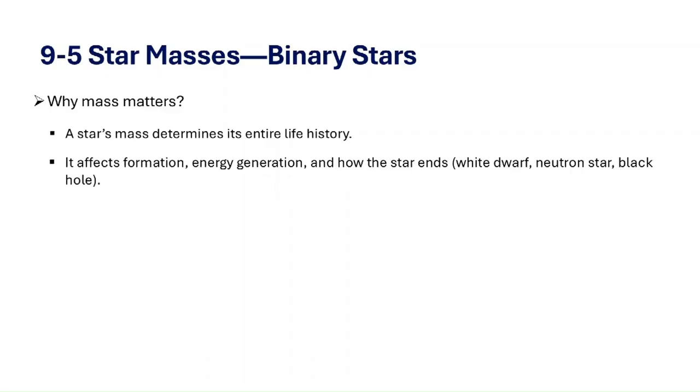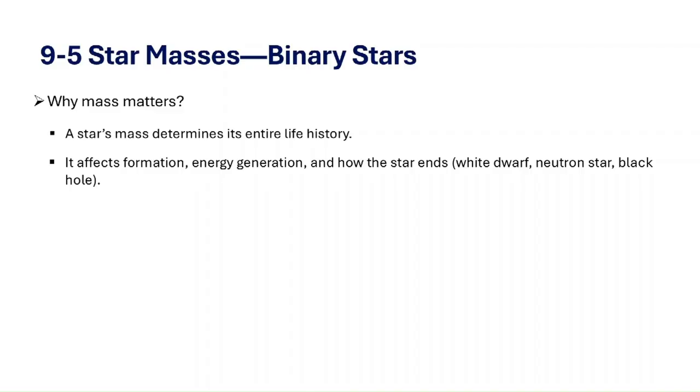So, mass affects how the star forms in the first place, how it produces energy during its lifetime, and what kind of object it becomes at the end, like a white dwarf, a neutron star, or even a black hole. So, if we want to understand a star's story, we need to know its mass.